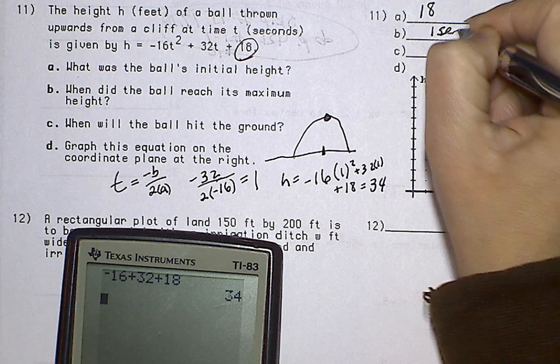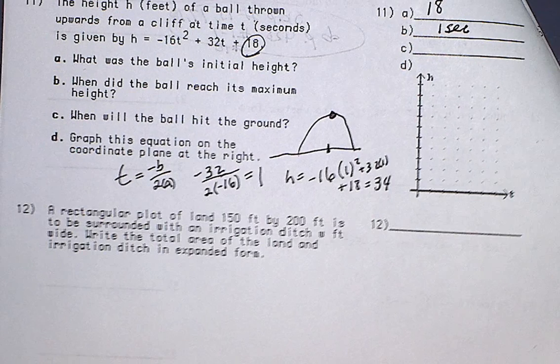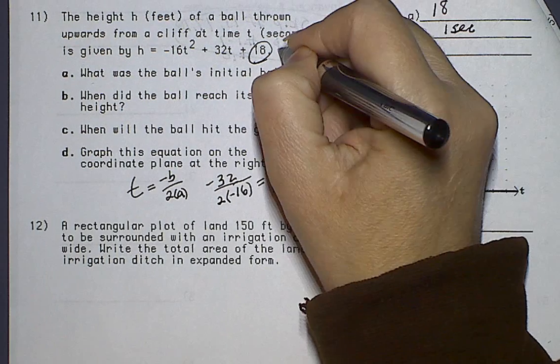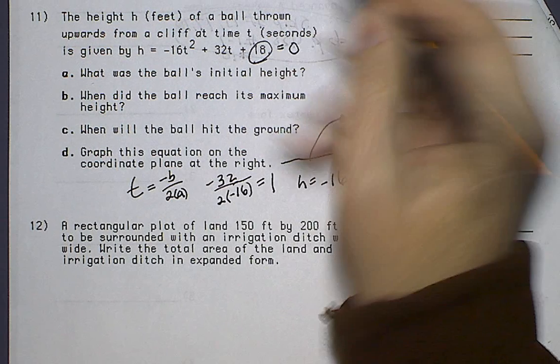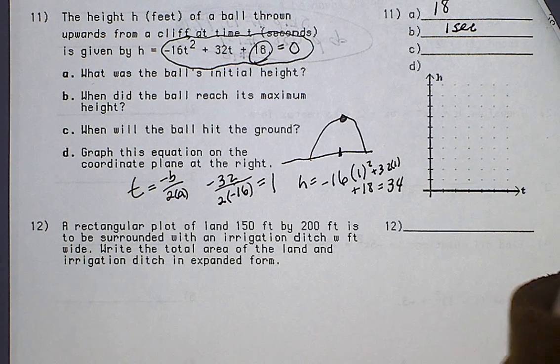Alright, so C, it says, when will the ball hit the ground? So remember, you're going to set this equal to 0. So when will the height equal 0? So you can use the quadratic formula.